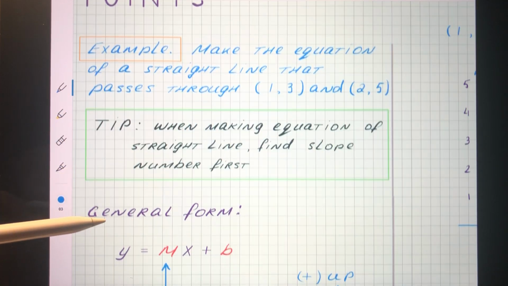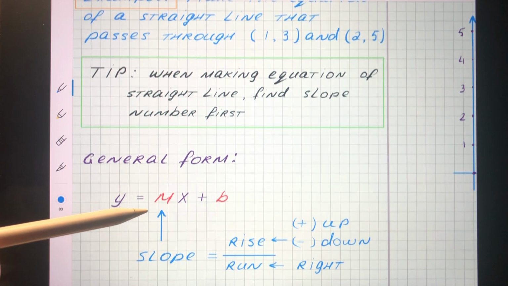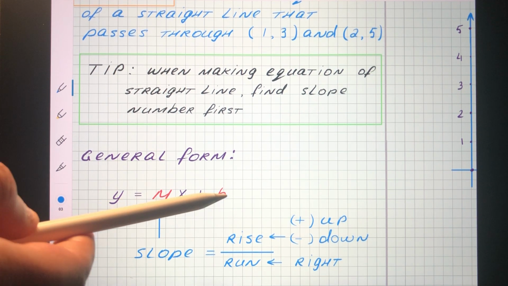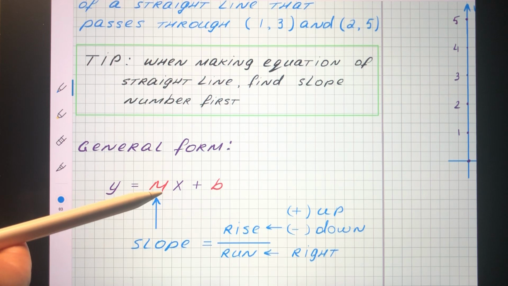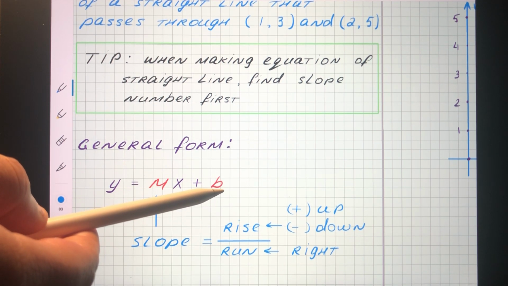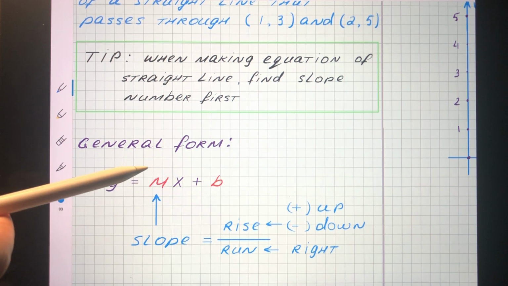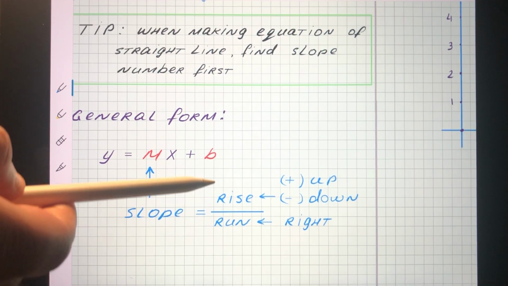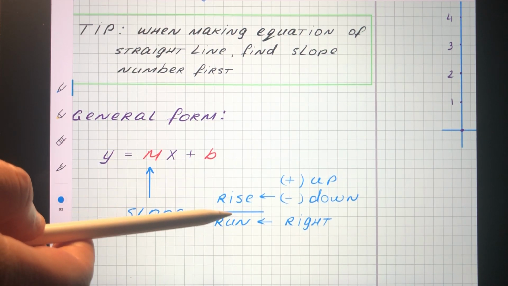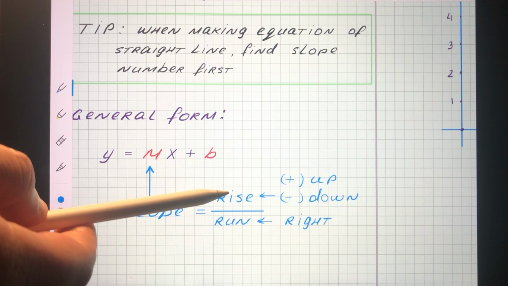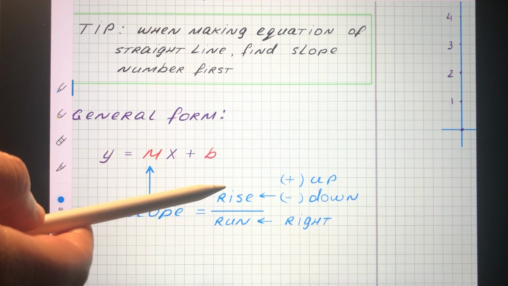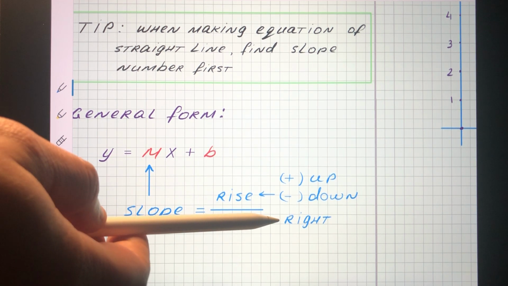The general form for the equation of a straight line is y equals mx plus b. The m stands for the slope, b is the y-intercept, so the first thing to look for is the m. The slope measures rise over run. It tells us how many units to go up or down, and then how many units to go over.